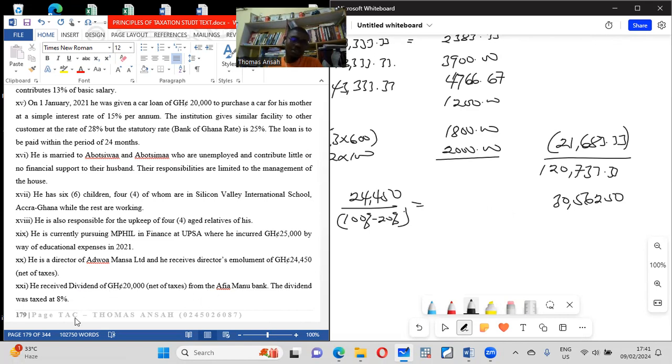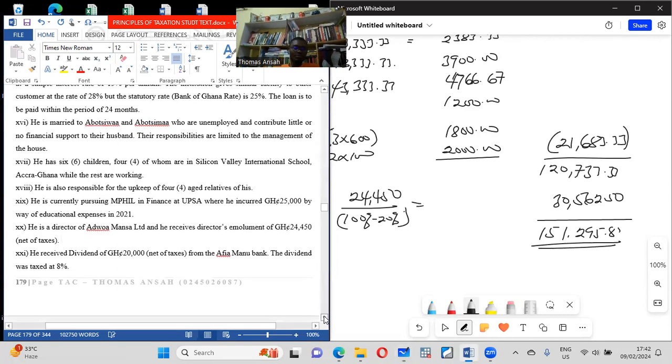Dividend is taxed at 8%. So dividend is final tax, and there's nothing we can do by bringing it in here. You can't bring it in here. So that one is a final tax. All right. So how much do we have? Plus 120,733.33. So in total, this person is having 15,295.83. So that is chargeable income.